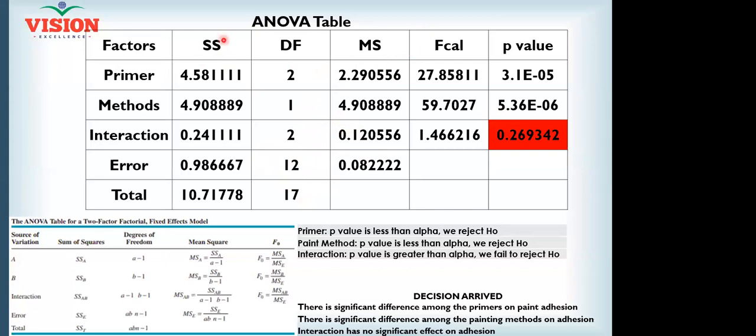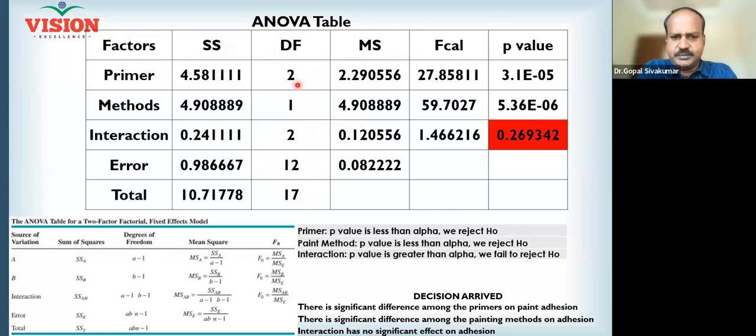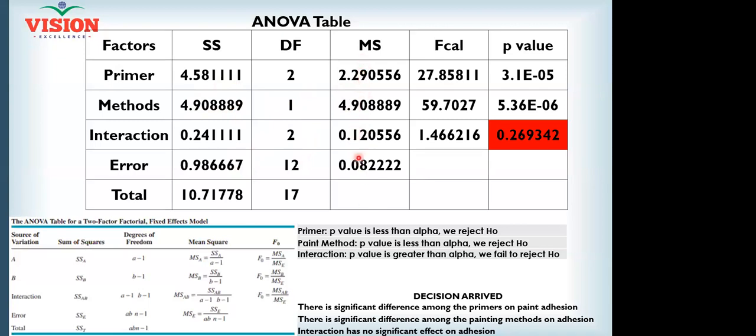Mean sum of squares is nothing but sum of squares divided by degrees of freedom. 4.58 divided by 2, 2.29. 4.90 divided by 1, 4.90. 0.24 divided by 2, 0.12. 0.98 divided by 12, 0.08. Now the mean sum of squares for primer, method, interaction and error is obtained.